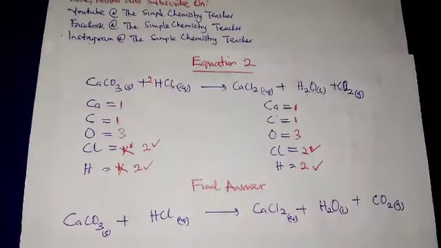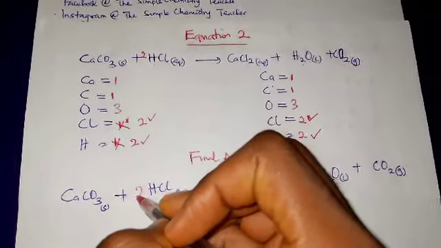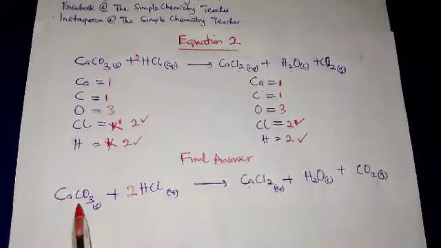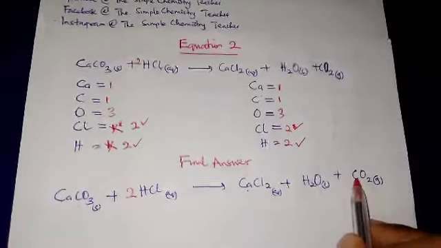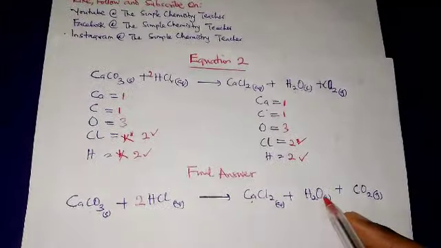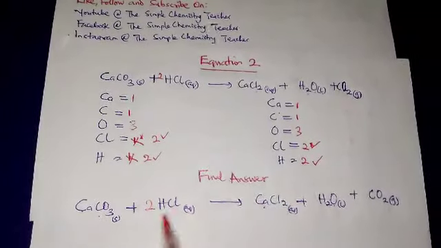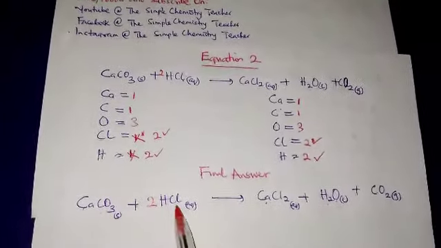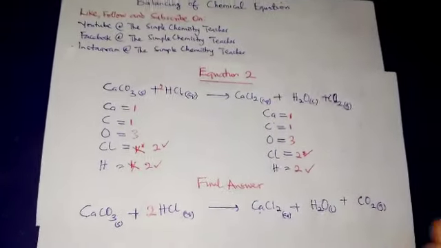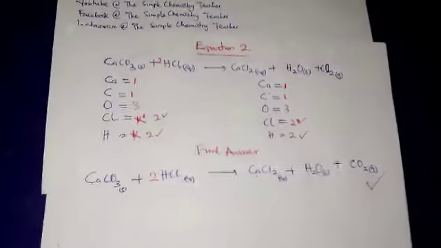So if we want to write the correct chemical equation, this will now be our final answer, whereby we have 1 calcium, 1 calcium, 1 carbon, 1 carbon, 3 oxygen. We have 1 oxygen plus 2, 3, 2 hydrogen, we have 2 hydrogen, 2 chlorine, we have 2 chlorine. And that's why we are going to choose this, because everything is now balanced.